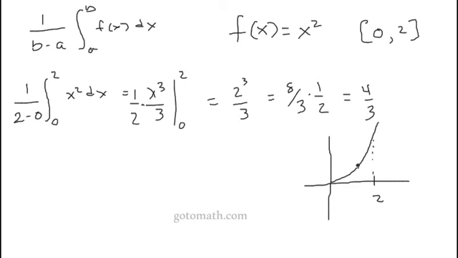We wanted to find that c, and then of course f of c was actually going to be equal to 4/3. That's the average value. And then of course, what is this c right here? Right, what in the world is that going to be?